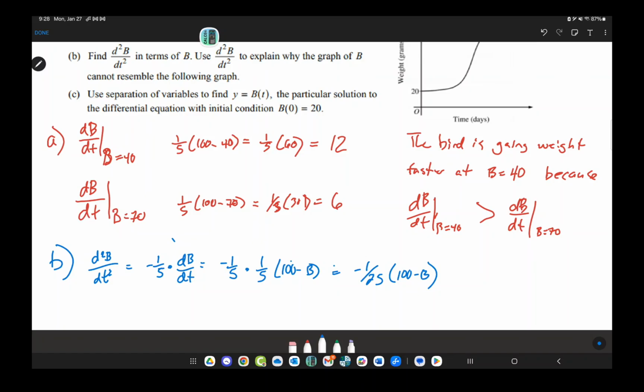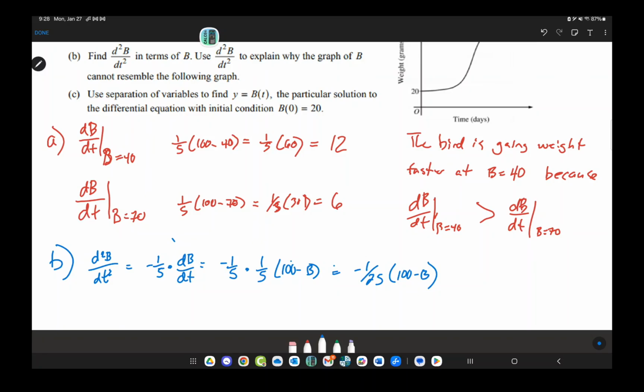So the second part says use this second rate of change to explain why graph B cannot resemble the following graph. Well, again, this graph is trying to show the actual function itself, right?